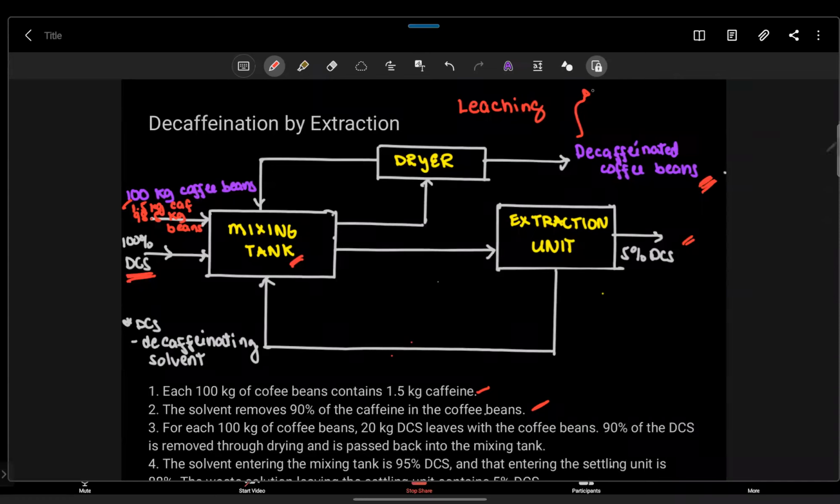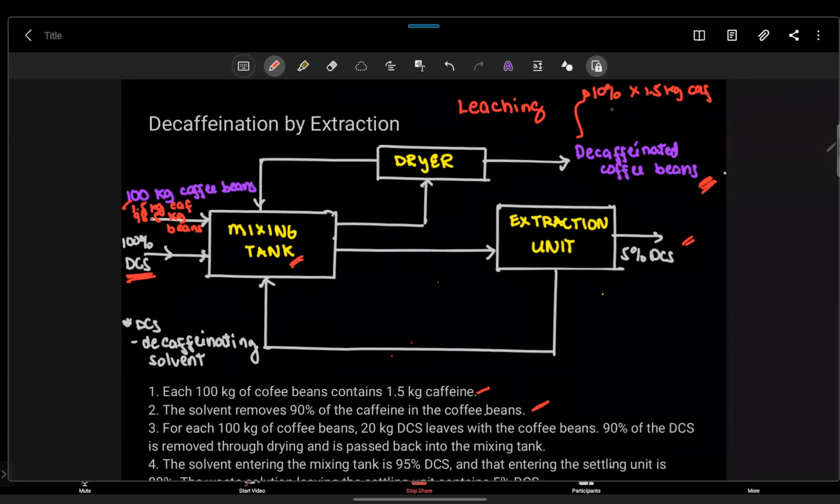So 10%, okay, times ilan ba yung caffeine natin dun sa feed? 'Di ba 1.5 kilogram caffeine? Okay? So ilan yan? Therefore, that will be equal to 0.15 kilogram caffeine here in this decaffeinated coffee beans stream.